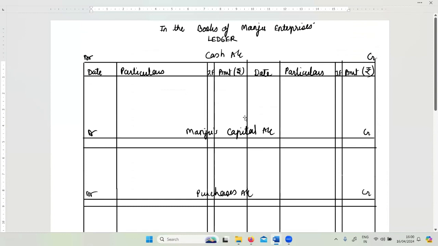And now I'm going to proceed with the posting of the different journal entries into the ledger.